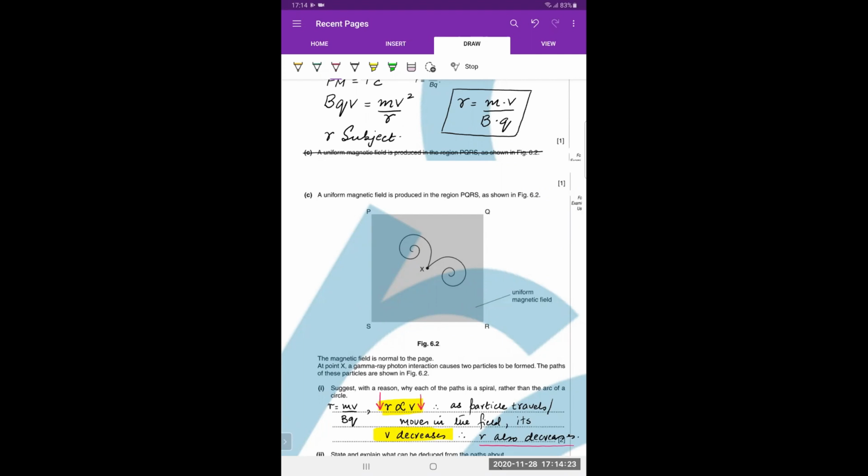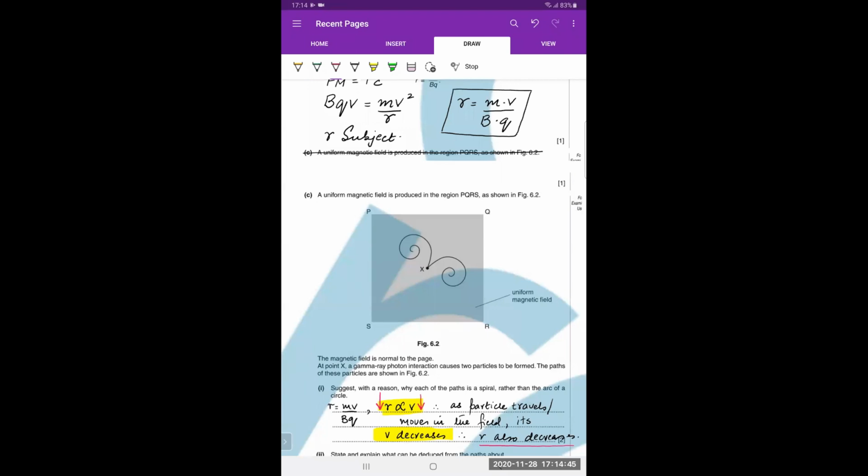See? So based on the formula, radius is proportional to velocity. So as the particle moves through the field, its velocity will reduce, and due to proportionality, its corresponding radius is also going to decrease, which is why the particle follows a spiral shape rather than following circular motion.